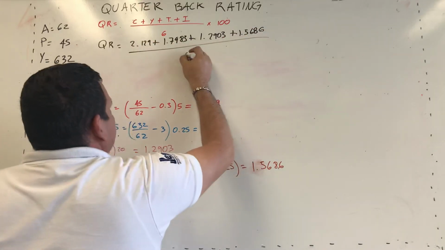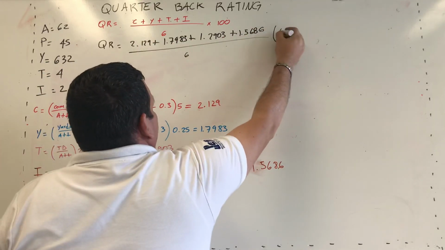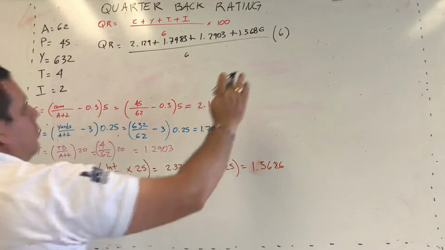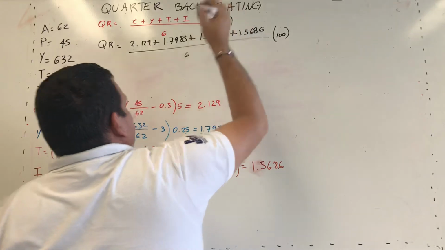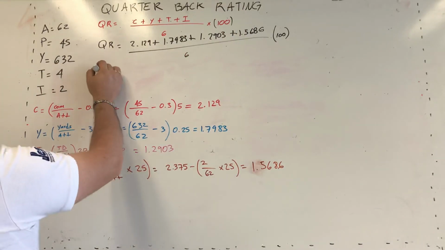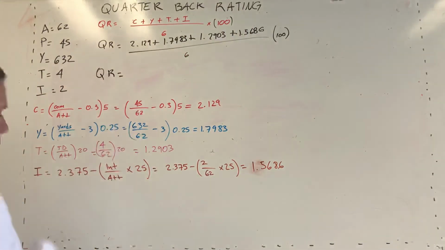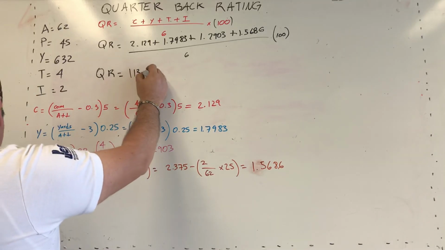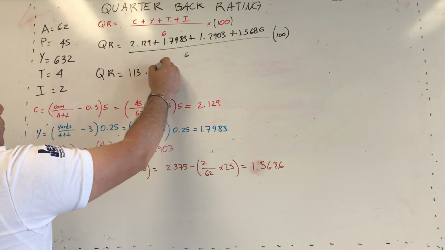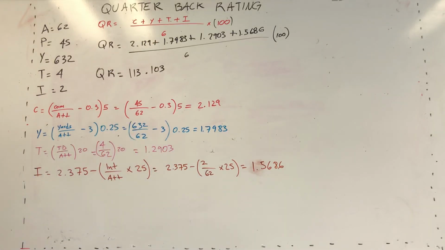Everything divided by 6, and whatever you have, you multiply times 100. So when you get this, you get a value of 113.103. So this is the quarterback rating for this player.